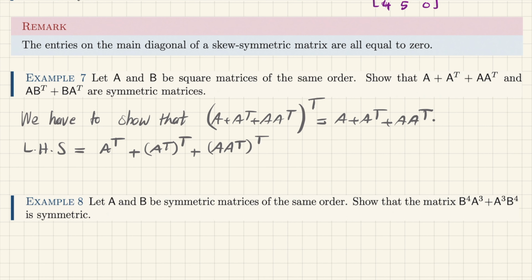Now, I don't know what to do with the first one, but I know something about the second bit. Transpose becomes equal to itself, yes? So this becomes A itself. And then I have a product and I want to transpose it. I can do it individually, but I have to write from the end to the first, yes? So what should I write? I should write A transpose, and then A transpose. Yes? Is that understandable, what I'm writing?